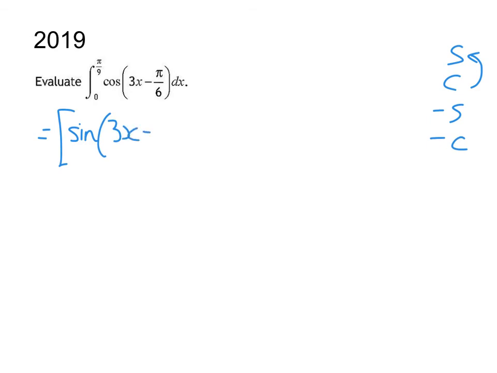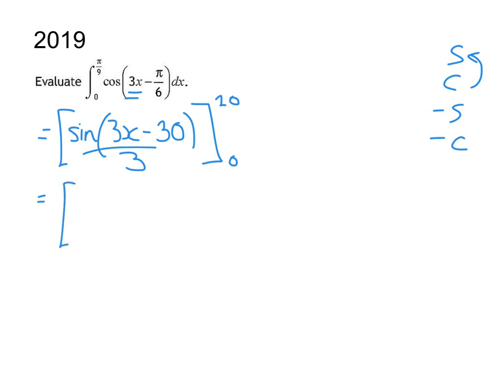In fact, see that pi over 6? I'm going to turn that into 30 just now. So pi over 6 is 180 divided by 6, which is 30. And we are then dividing by what you get when you differentiate 3x. So we need to divide that by 3. So it's all over 3. And then pi over 9 is 180 divided by 9, which is 20. So we're going to sub in 20 and 0.